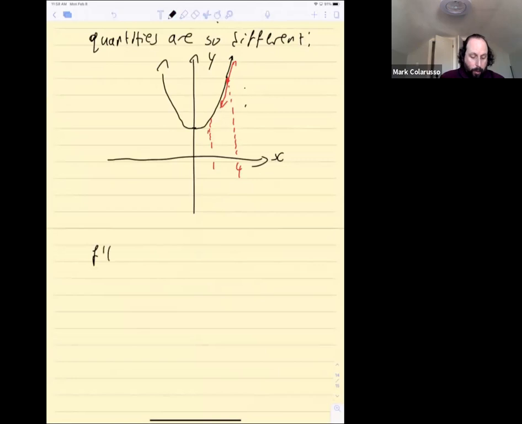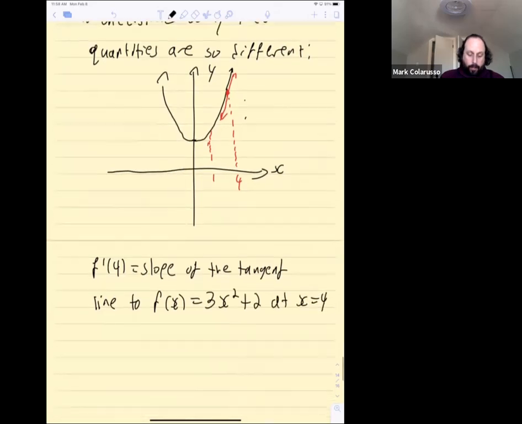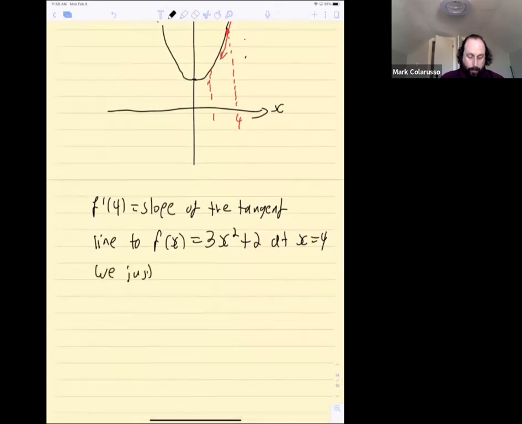So f prime at 4 is the slope of the tangent line to f of x equals 3x squared plus 2 at x equals 4. And so that slope is 24, as we just computed.